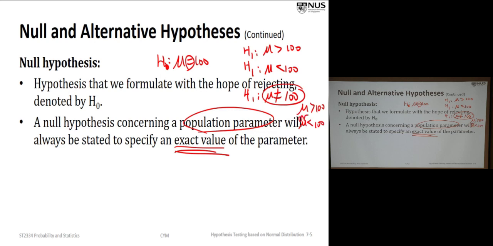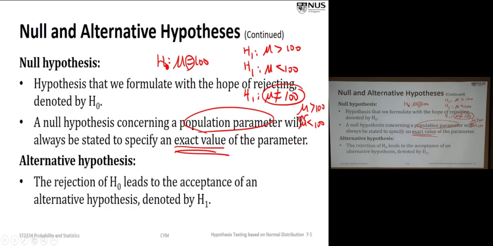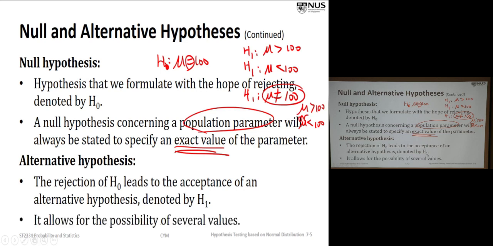When we say mu not equal to 100, it can be bigger than 100, can be smaller than 100. But the null hypothesis, we try to make it equal. The statement is equal. Okay, so the alternative, we call it H1. So H1 can be more than one value.